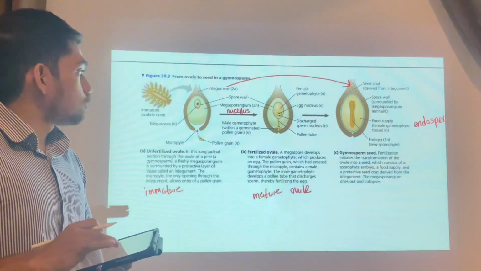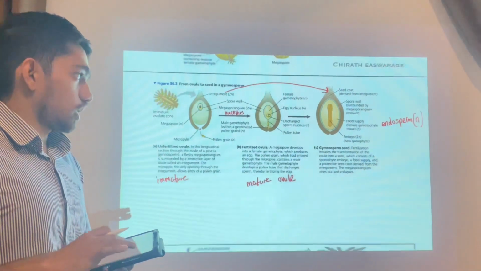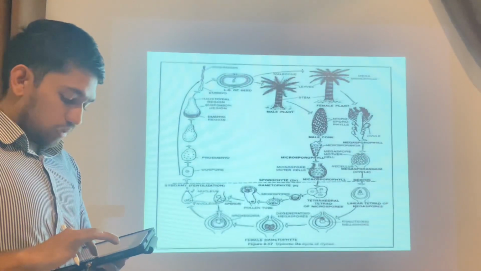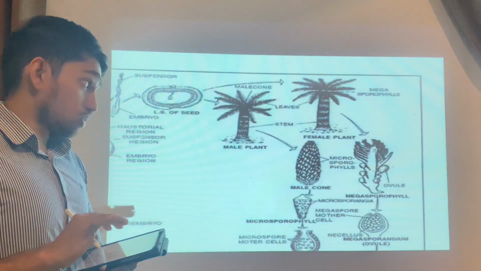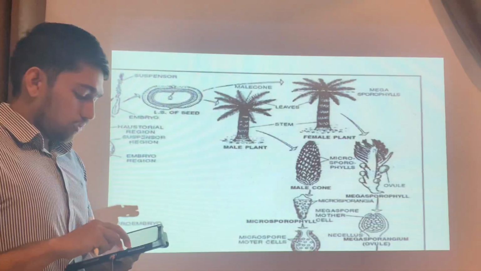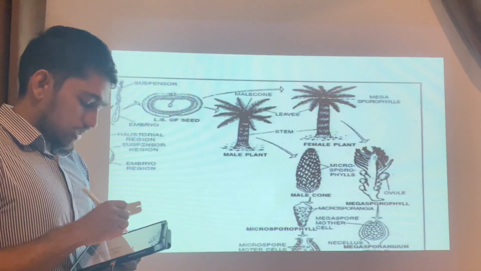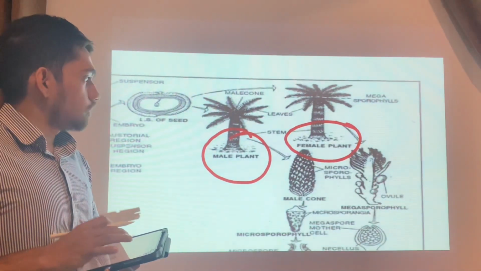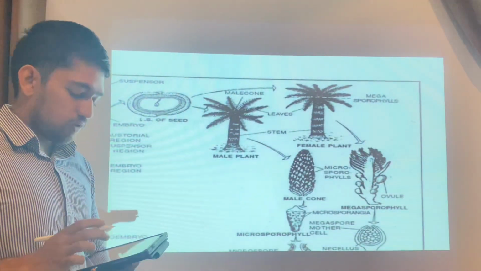Now we can move on to the life cycle of Cycas. Let's quickly go through the diagram here as a visual supplement. It is not that clear, but it's enough to have an idea. You can see there's a male plant and a female plant. So what are these plants, this male and female?